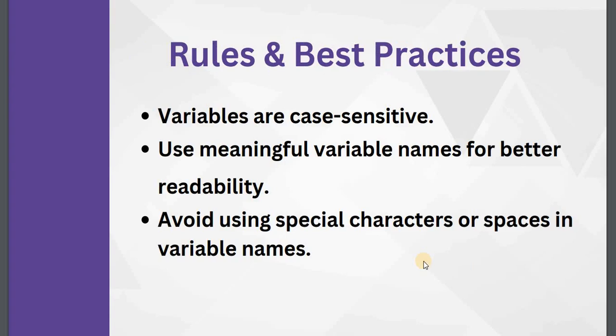Second, use meaningful variable names for better readability. Next, avoid using special characters or spaces in variable names, because these are not allowed. Only alphanumeric characters and underscores are allowed in the variable name.